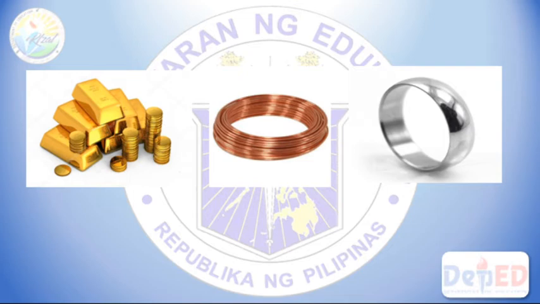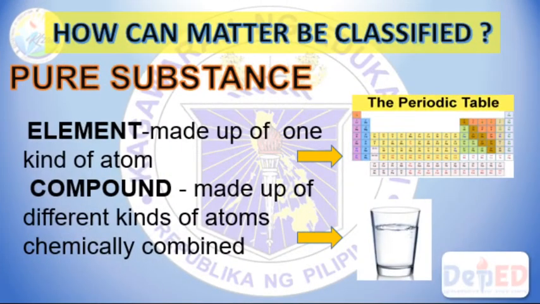So when atoms combine, they form a molecule. So matter can be classified as pure substance. It is made up of one or more kinds of atom. This can be divided into elements and compounds.